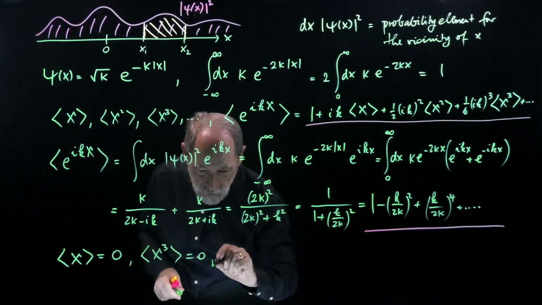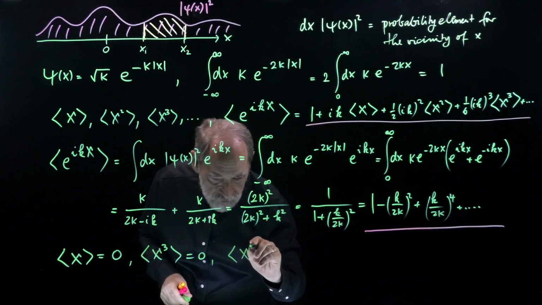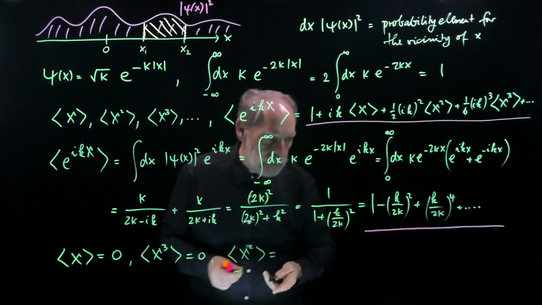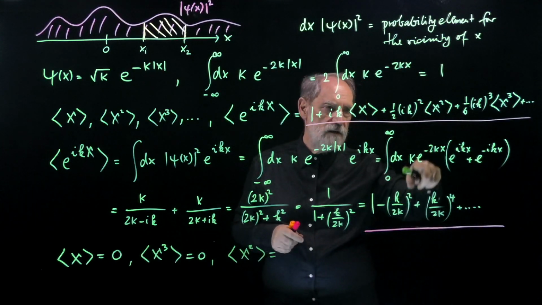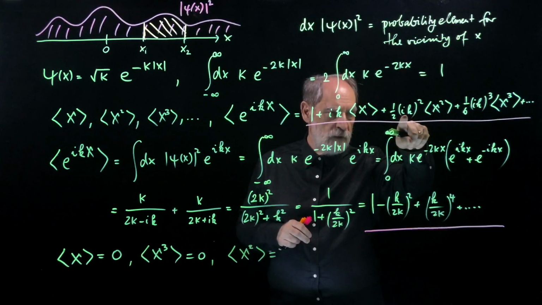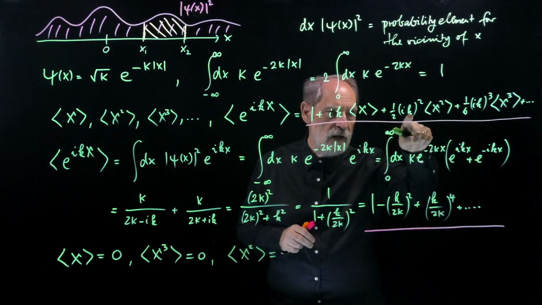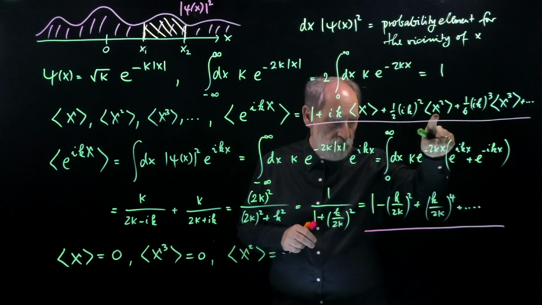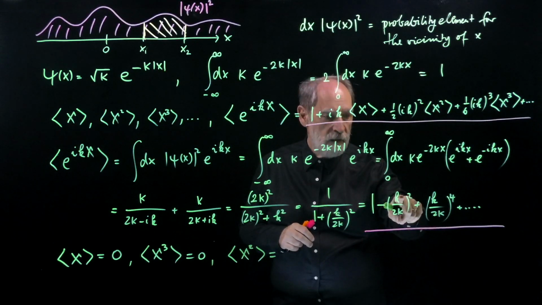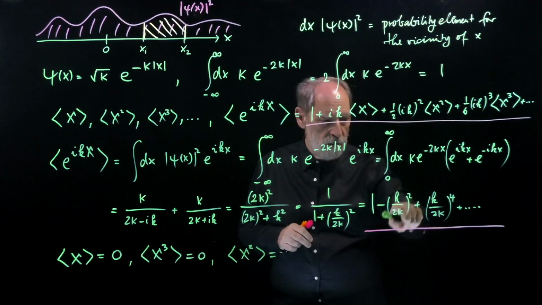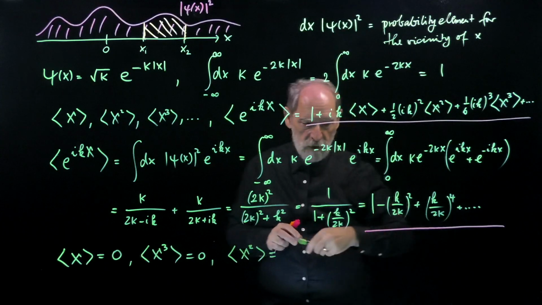What about the expectation value of x squared? Okay, so here we have to look at the term that goes with k squared. Over here it is, because of the i squared, negative k squared over 2, expectation value of x squared, and here we have k squared divided by 4 kappa squared.